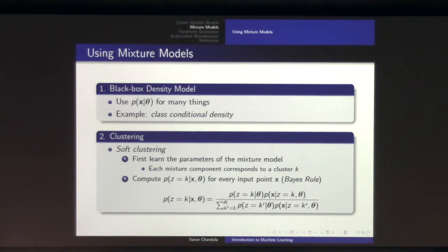But using this Gaussian mixture model or mixture model, you can do what is called soft clustering, which means that you could get something like P of z equal to 1 given x is 0.8, P of z equal to 2 given x is 0.1, and so on. So it's not hard, all right? So you can use it for that as well. Any questions so far?